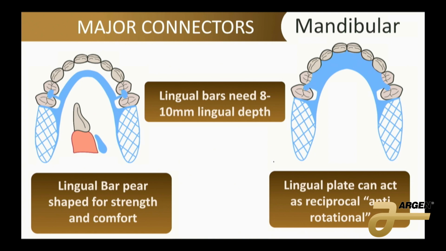Also, if you know that this patient might lose another tooth soon, it's nice to put in a lingual plate so we can add more onto it. It is difficult to add to a lingual bar. It's really difficult to weld something on that's going to be strong enough to hold those forces. And typically you should be remaking a partial. So if you know within the next 6 months that they're going to be losing another tooth, a lingual plate is better so we can add onto it with structure.